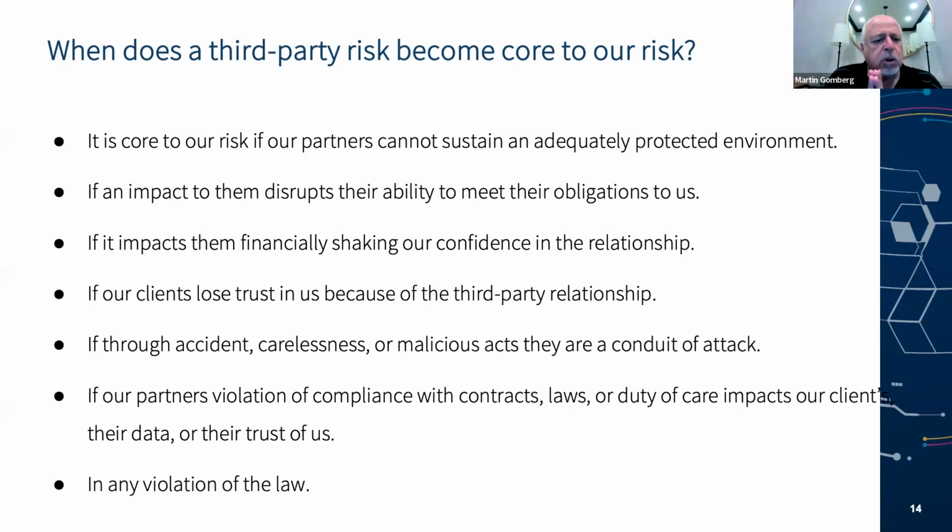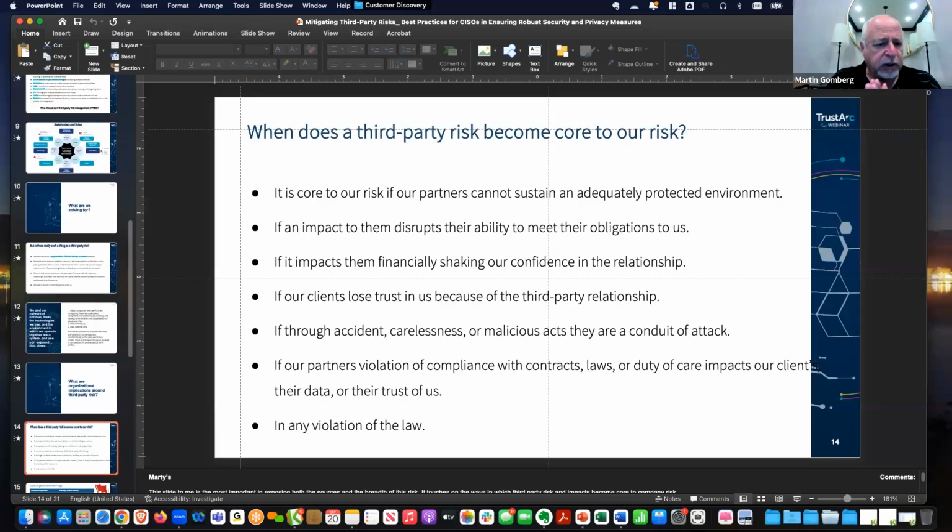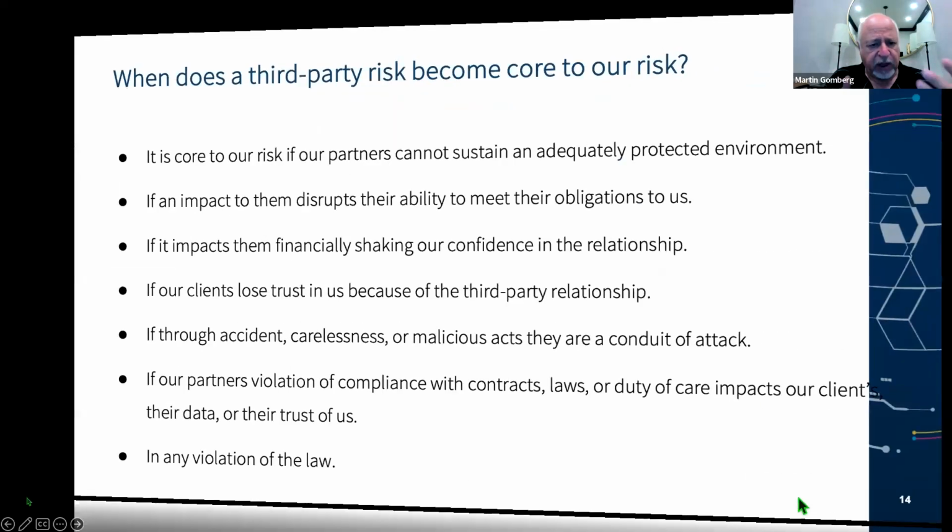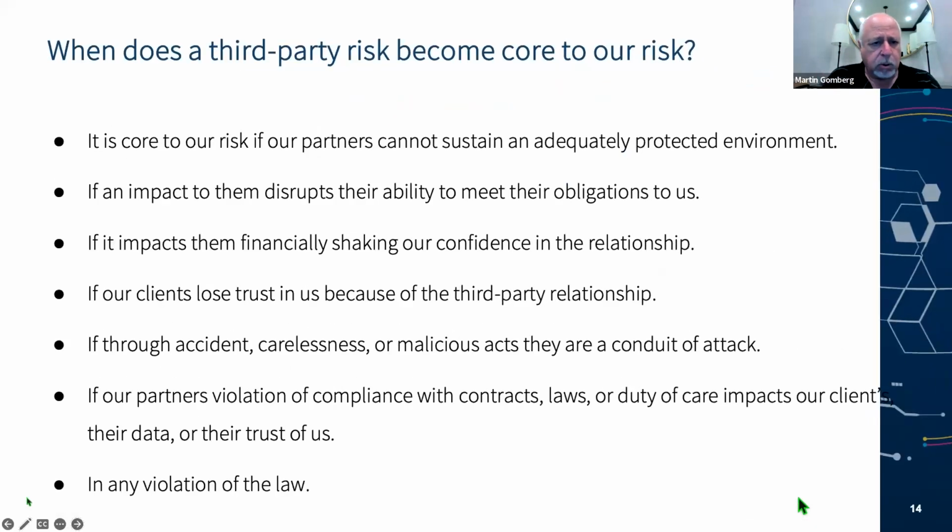We need to take a look at the risk profiles of the companies that you involve yourselves with, and that'll help you to develop a framework around what kinds of things you need to be looking for, from the availability of its functions and services to us, to the integrity of the relationship and the trust and confidence it imparts to our clients.